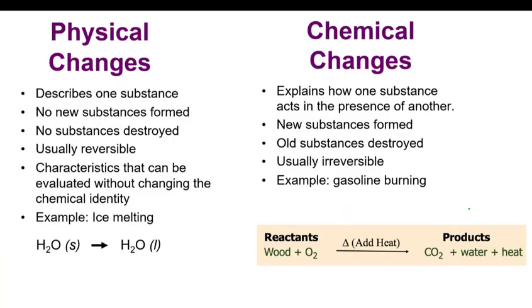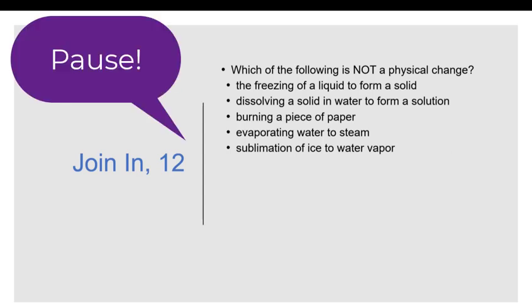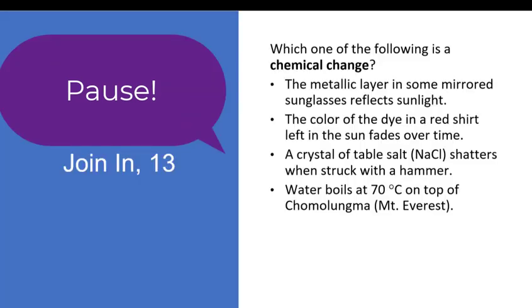So here's kind of a little breakdown just showing differences between physical changes and chemical changes. Let's do some practice problems. How about you read these, pause them, and then I will pop up the answers. Next question, why don't you pause to read so then you can figure out which answer is the correct answer.